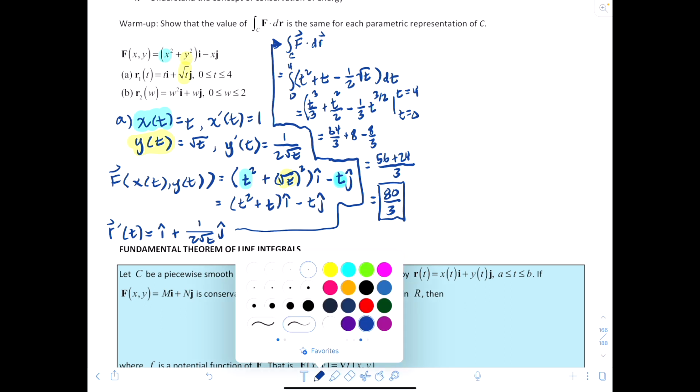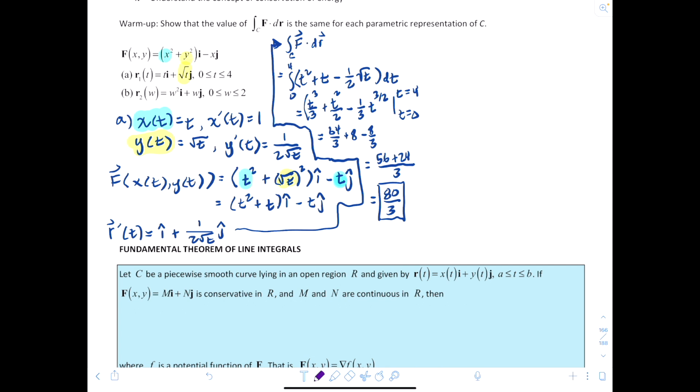Now, part B has us do it using a different parameterization. So let's check it out. For part B, we have x at w, this time we have a w parameter, is w squared.